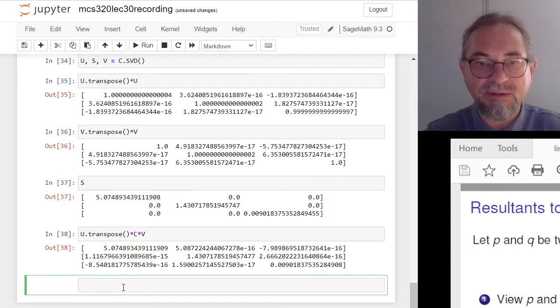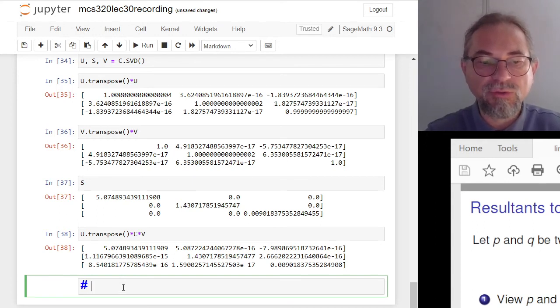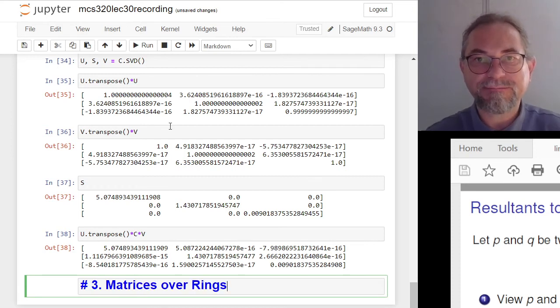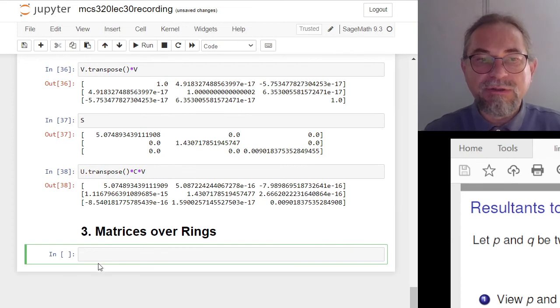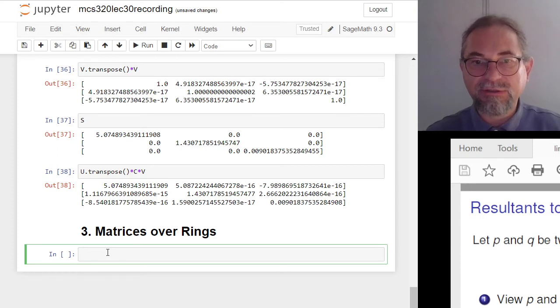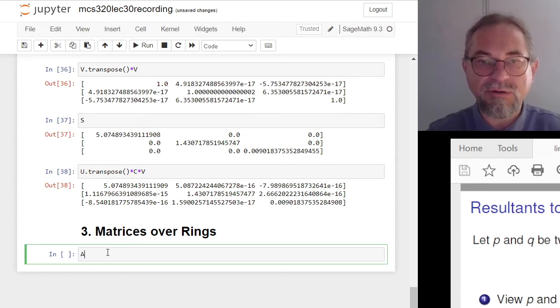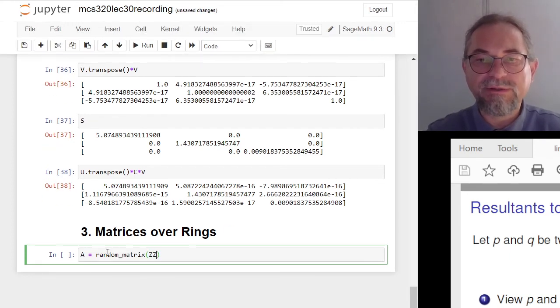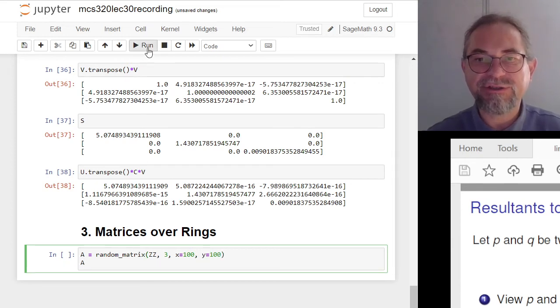So now I have still about 15 minutes to talk about matrices over rings. Over a ring, we can think about integers, and let me make now another random matrix, now with numbers of 3 decimal places, and the notation is rather strange.